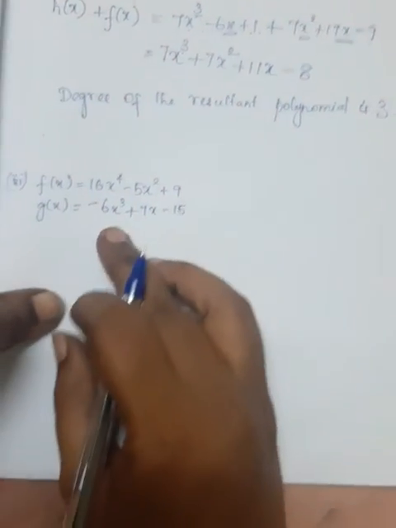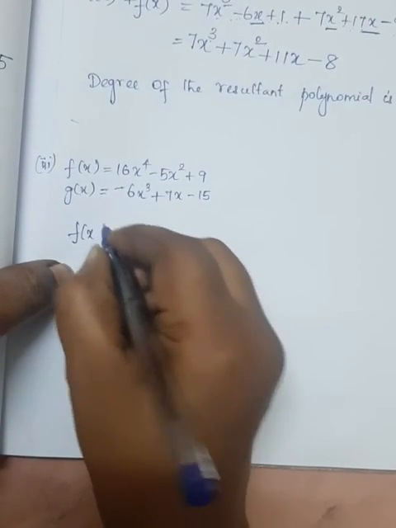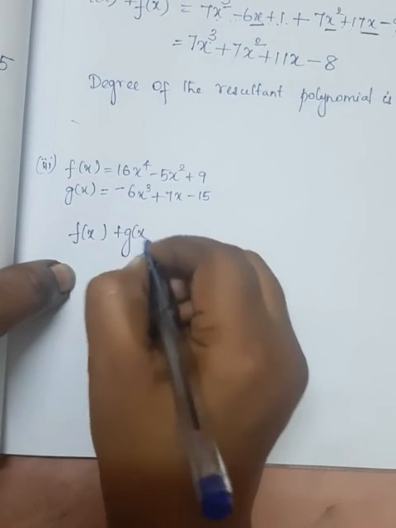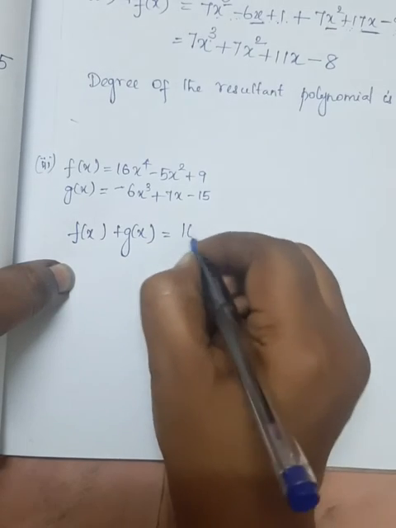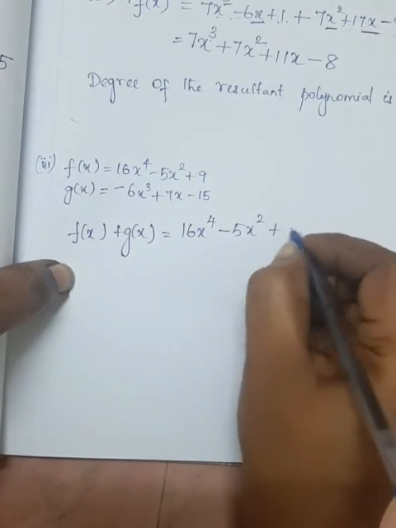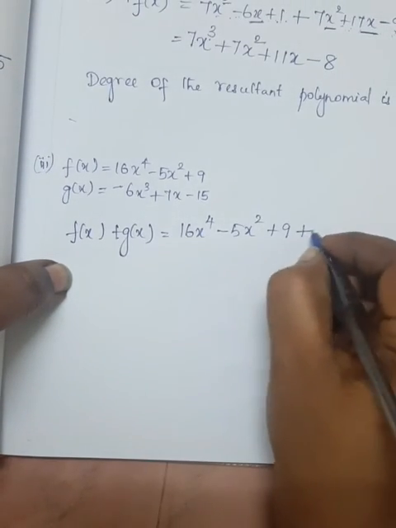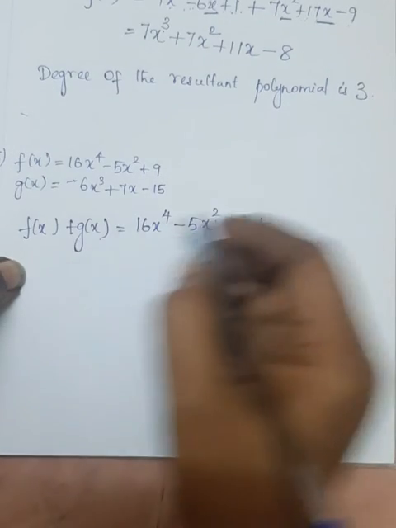Now let's add the third subdivision, f of x and g of x. So f of x plus g of x is equal to, take and write f of x, 16x power 4 minus 5x square plus 9. Next, what do you have? Plus in between. Put that plus symbol. Next, write the g of x.